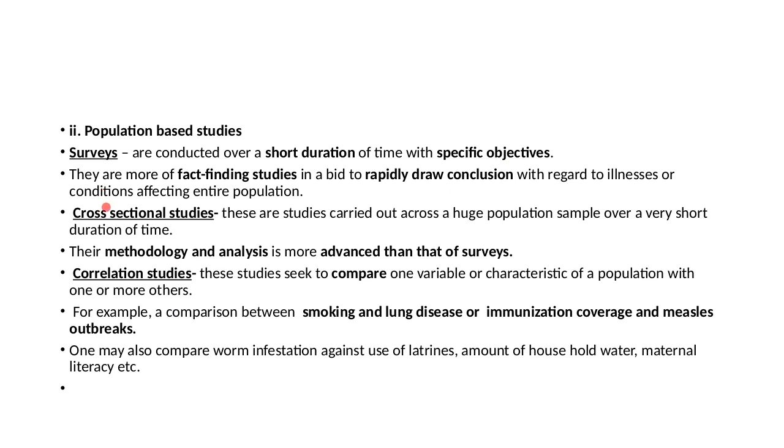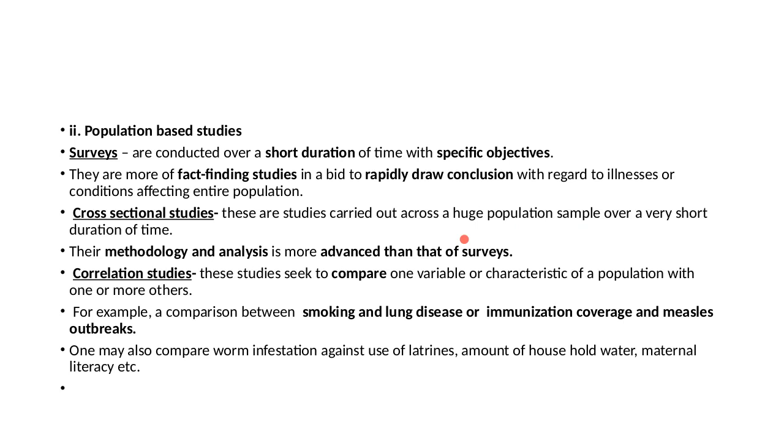That is survey. Then we have another type of population-based studies. And remember, here we are dealing with many people. We are dealing with a population. So cross-sectional studies are studies carried out across a huge population sample over a very short duration of time. So these are studies that are normally carried across a huge population over a short duration of time.